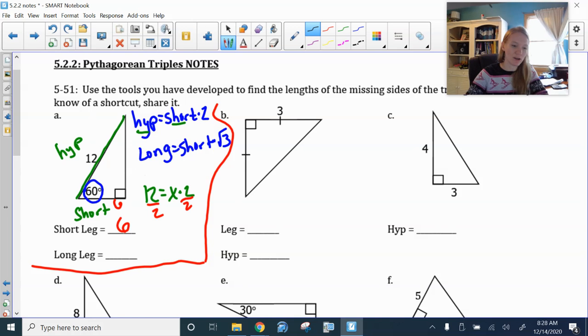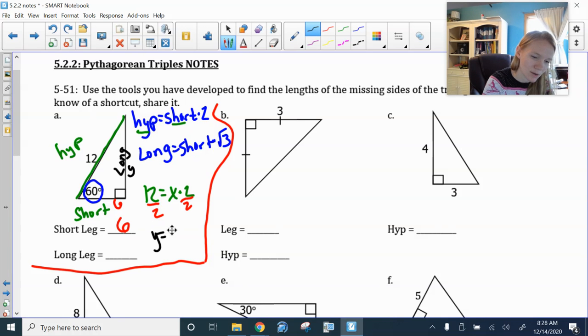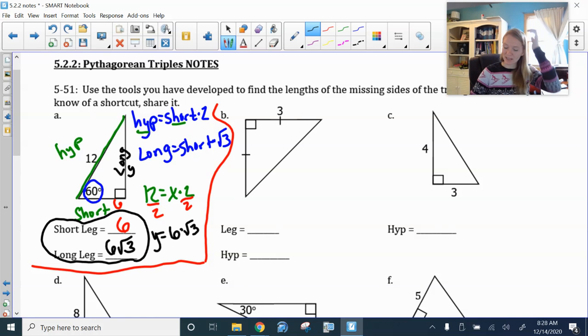So kind of filling in what I know and what I need to know. The long leg then is equal to the short leg times the square root of 3. So the long leg, I'll just call it y, equals our short leg, which is 6, times the square root of 3, or just 6 root 3. Boom. I did not need to do any sine, cosine, or tangent to be able to come up with that missing piece.